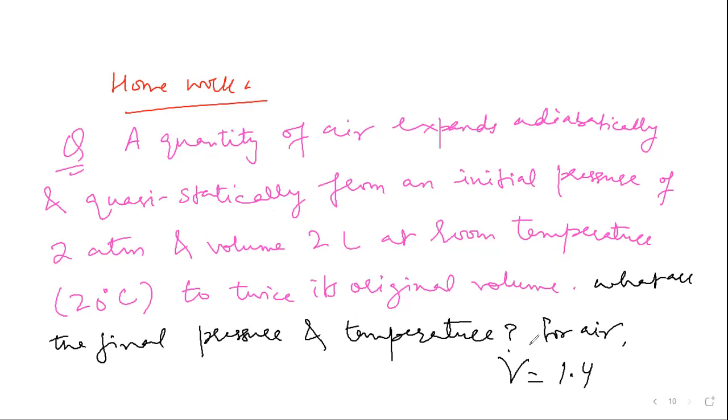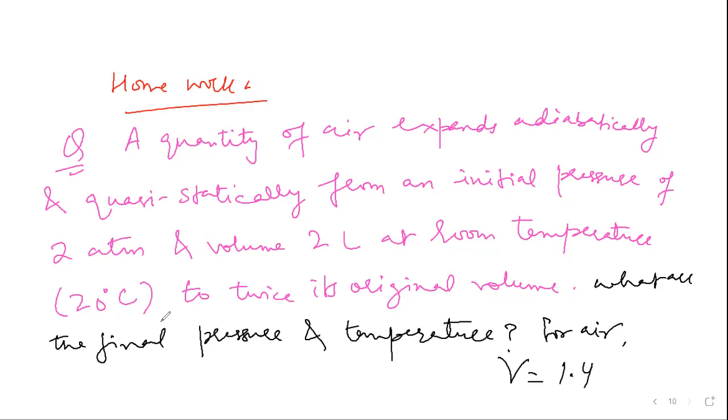So I repeat the question. A quantity of air expands adiabatically and quasi-statically from an initial pressure of 2 atmosphere and volume 2 liter at room temperature 20 degrees Celsius to twice its original volume. What are the final pressure and temperature for air? Gamma is 1.4.